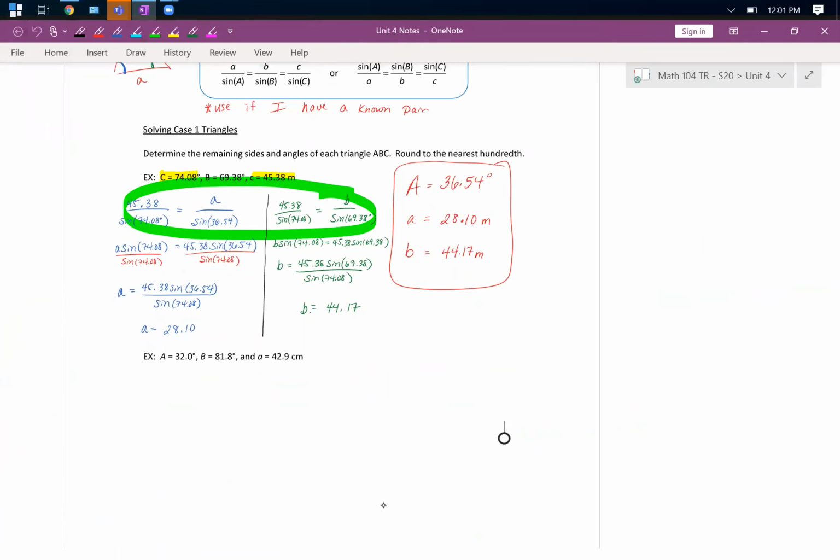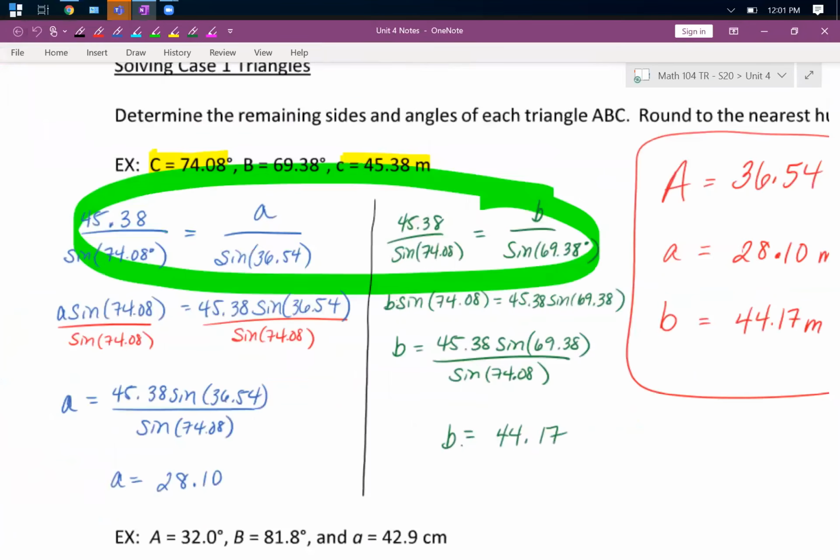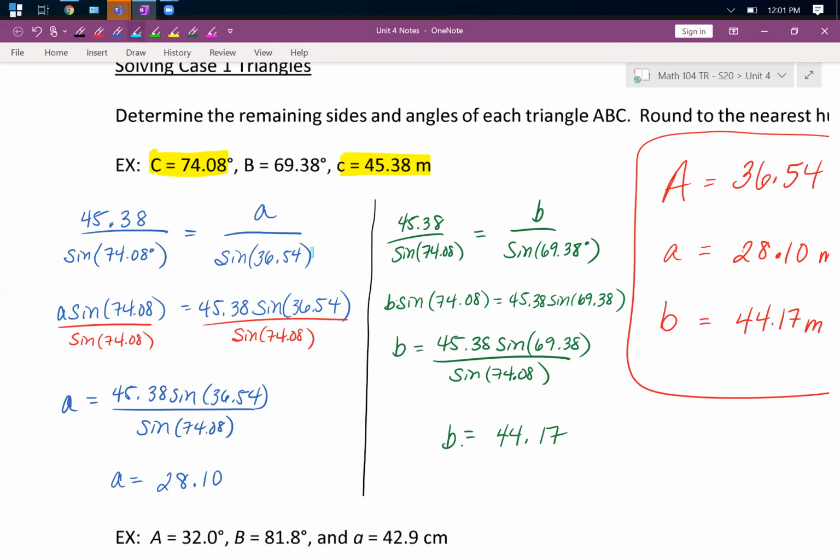In this first step here, cross multiplying was great, but really we didn't have to cross multiply. All we needed to do to isolate A and B was multiply both sides by what we had here in the denominator. Now that's not always the case. Sometimes the cross multiplication is necessary, especially when we get into the ambiguous case. So if you want to just cross multiply every time, fine, but we could have shortcutted it a little bit just by multiplying both sides by what we had in the denominator.